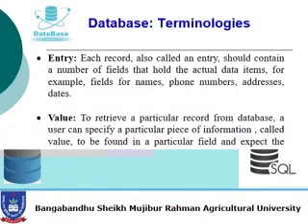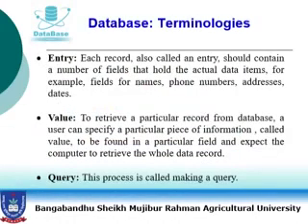So now we have to know about the database terminologies. Here we have three terms that we can discuss. One is entry, second one is value, and third one is query. First of all, we have to know what an entry is. An entry is simply a record, also called an entry.